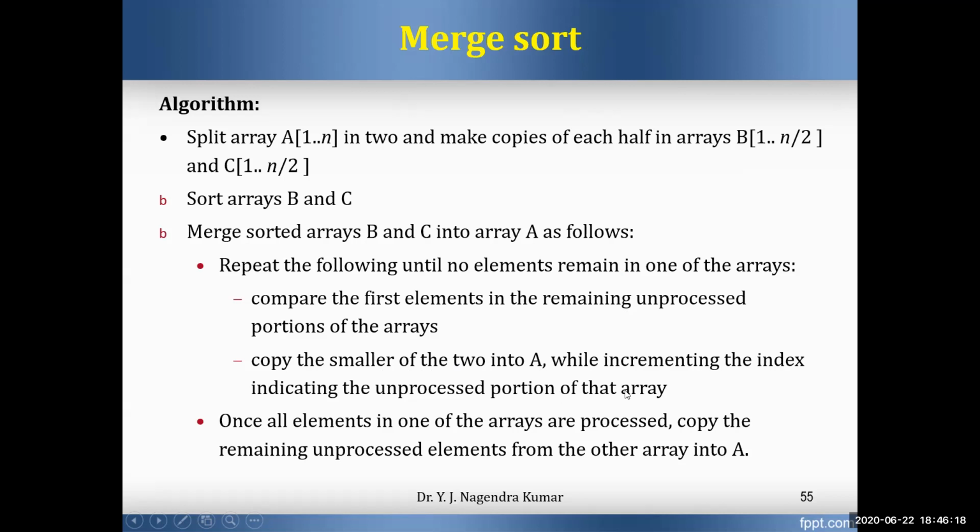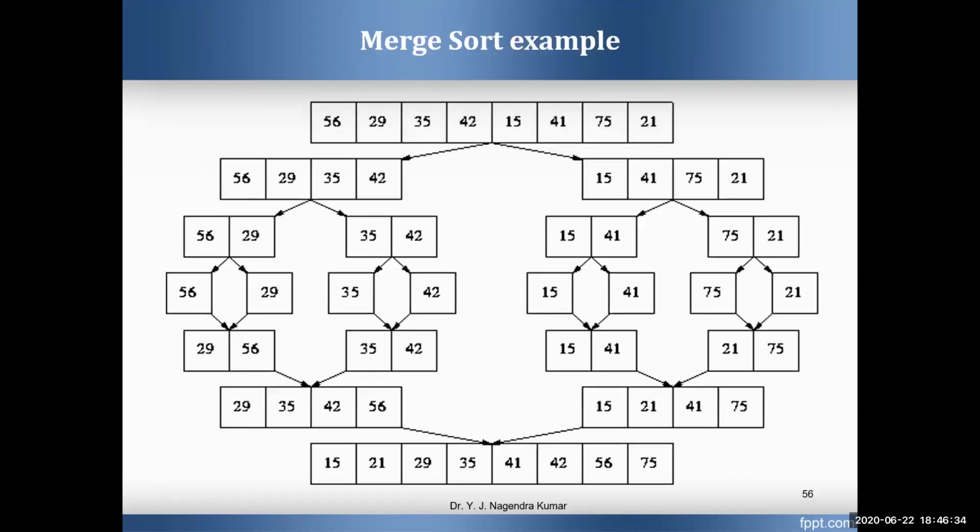We'll learn in detail about this merge sort in the coming slides. Once all the elements in one of the arrays are processed, then you have to copy the rest of the elements into the original array A. Right? So this is the overall picture of the merge sort technique.